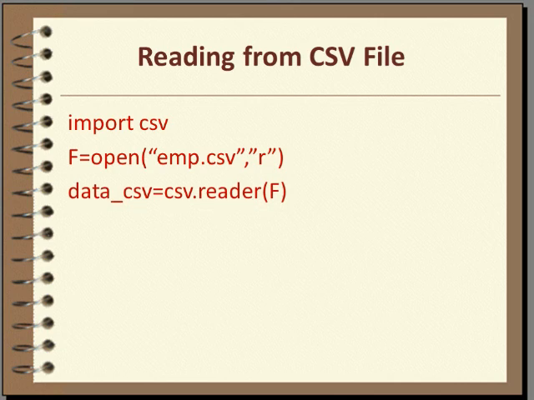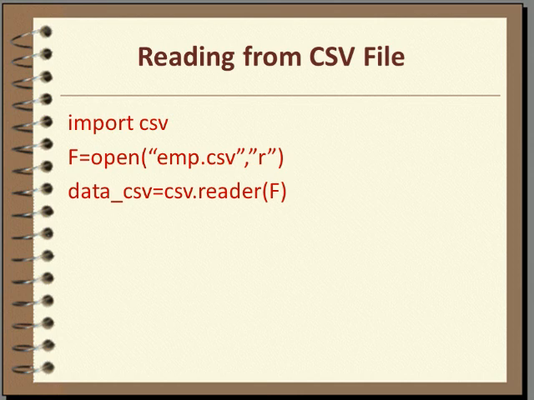As I have already explained, the third statement will either be reader or writer. It depends on the purpose of opening the CSV file in the Python program. So the purpose is reading, so it is csv.reader. If the purpose will be writing or appending, then I will write csv.writer. Okay.